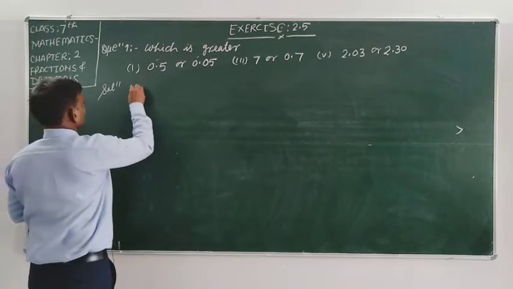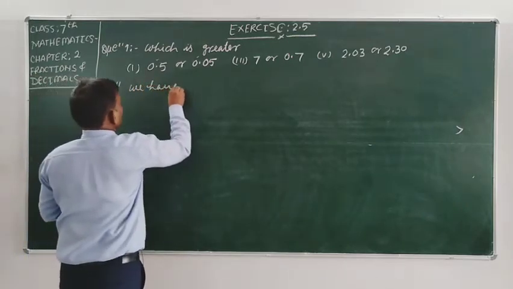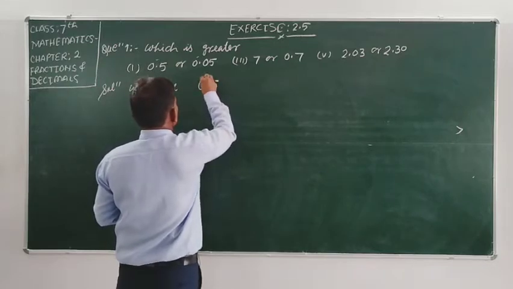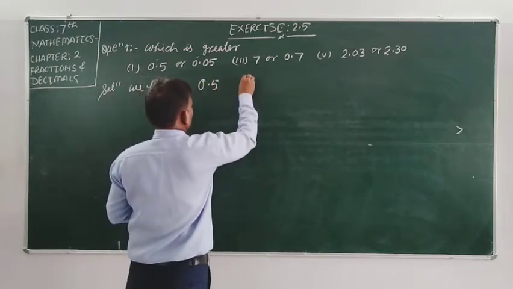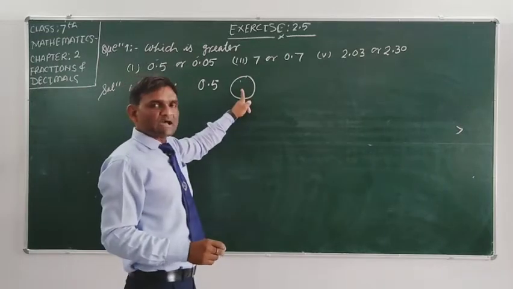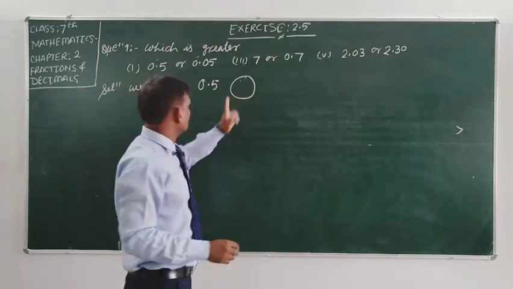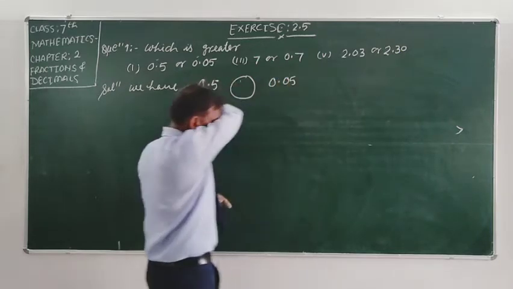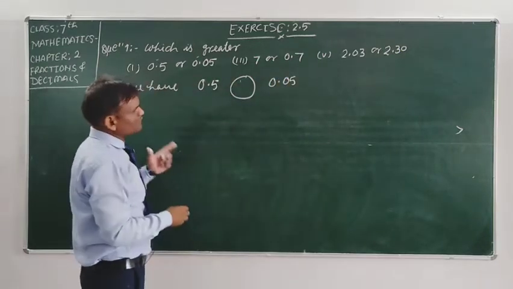First we have 0.5. I am using the box, and in this box I will use the sign of greater or smaller. 0.05. Now student, we compare it one by one digit.